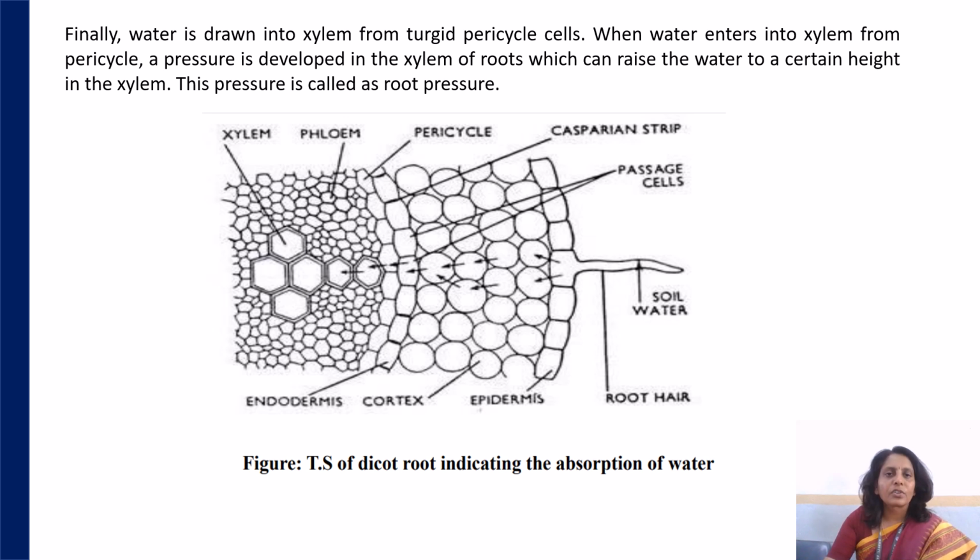So finally, water is drawn from one cell to another cell, and in this diagram you can see how the water moves from the root hair through the root epidermis into the cortical cells, reaches the passage cells of the endodermis, the pericycle, and the xylem cells. And thus water can move up to great heights through the xylem. The pressure exerted is basically known as the root pressure.